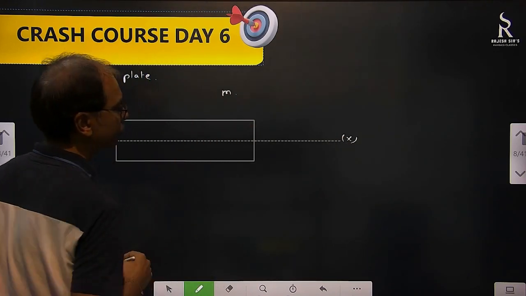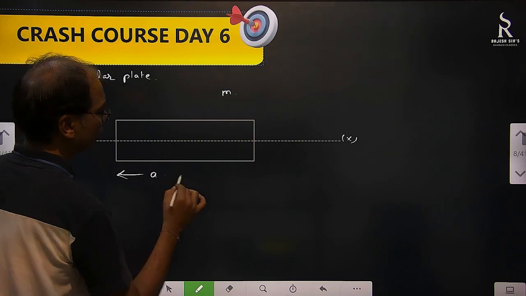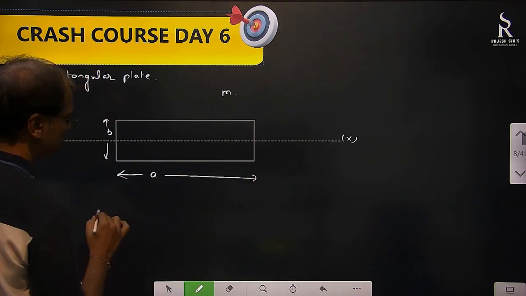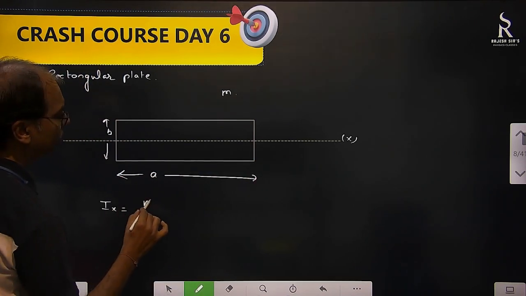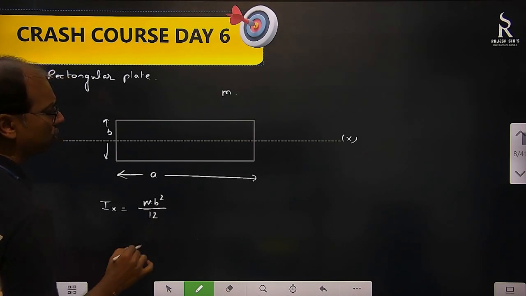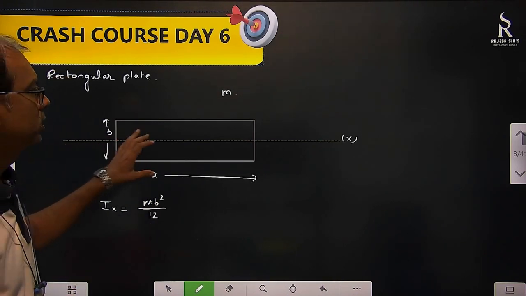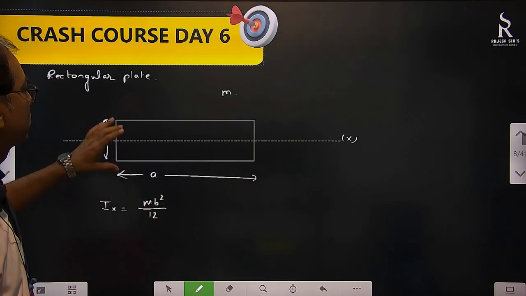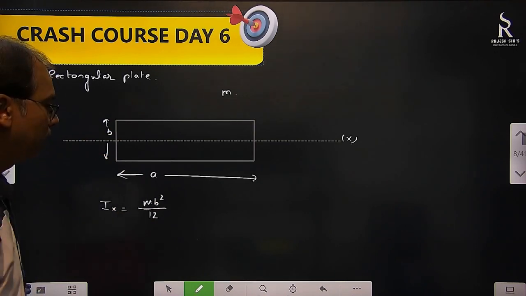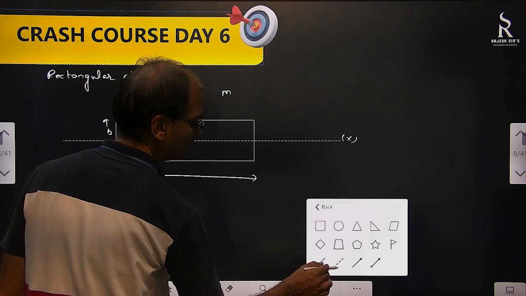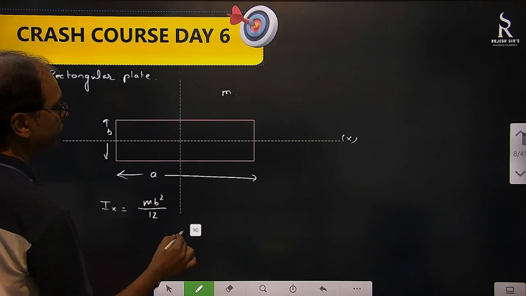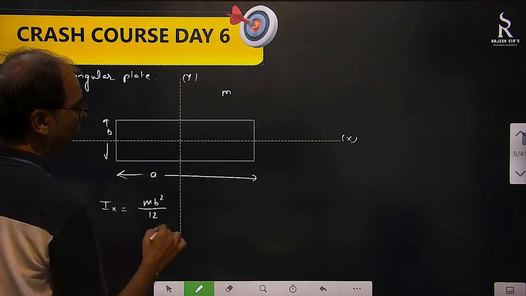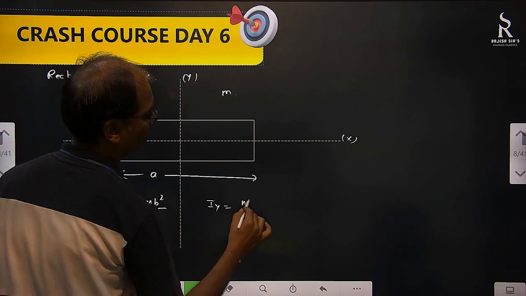Mass is m, this length is a and this length is b. So the moment of inertia about this, Ix, is mb square by 12. This is very similar to a rod, passing through the center, so if I consider b as the length, mass into b square by 12. Same way, for another axis passing through its center, along the y axis like this, Iy is ma square by 12.